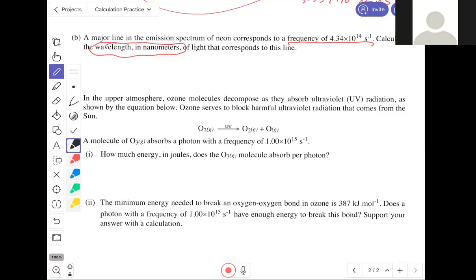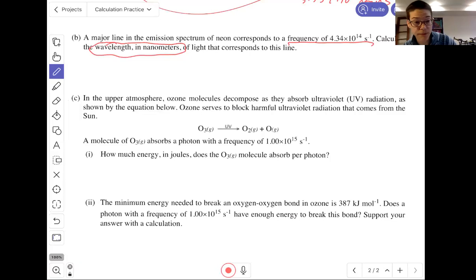Nu. All right, I'm using nu. So frequency is nu, and this one is lambda. So what is that formula? Lambda equals C over nu.